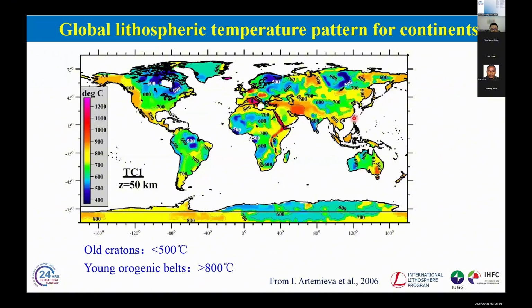So this is, I think, Southeast China, which is quite high in temperature.